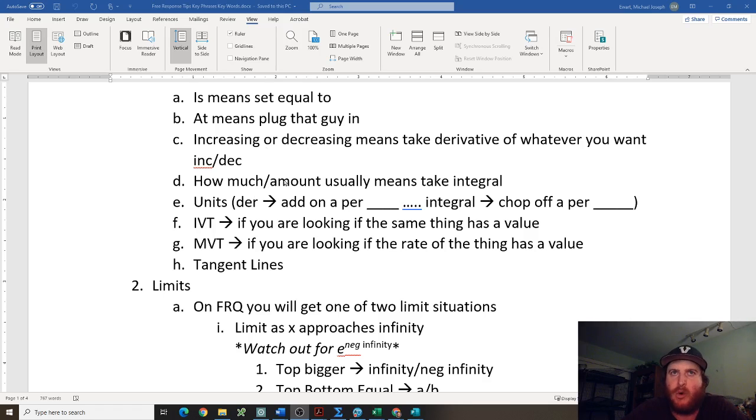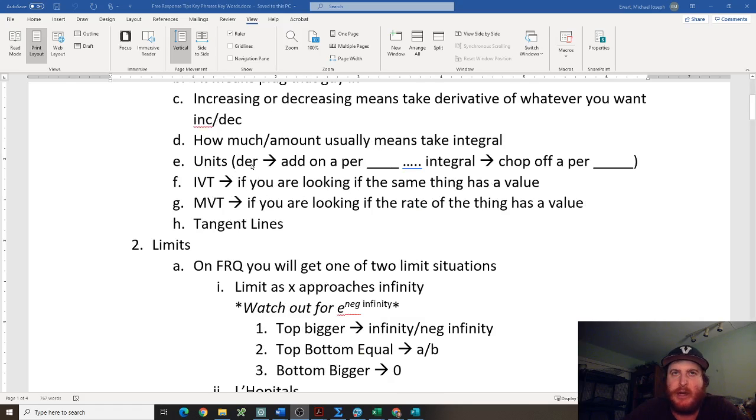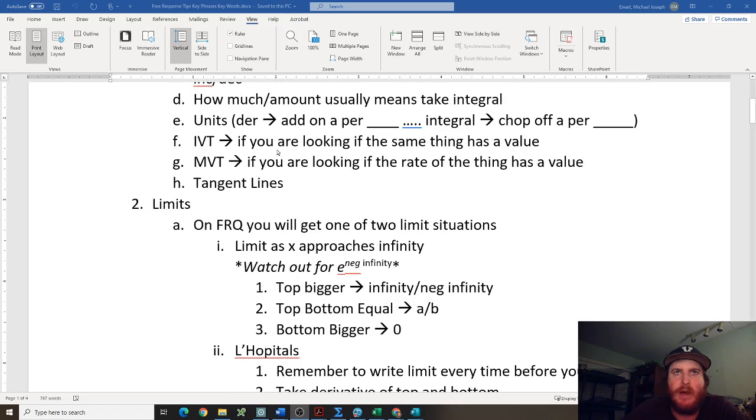How much or amount usually means to take the integral. Units: when we take the derivative, we add on a per time. When we take the integral, we chop off a per time. IVT: you use IVT if you're looking for the same thing, has a value in between.